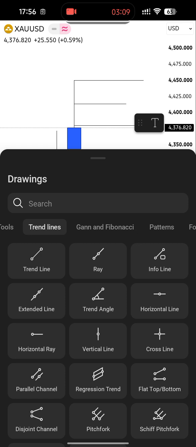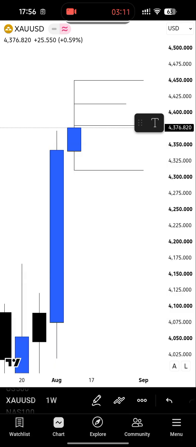One, price has dropped into internal range liquidity or a fair value gap. Price has dropped into a bullish fair value gap, or internal range liquidity, or imbalance.